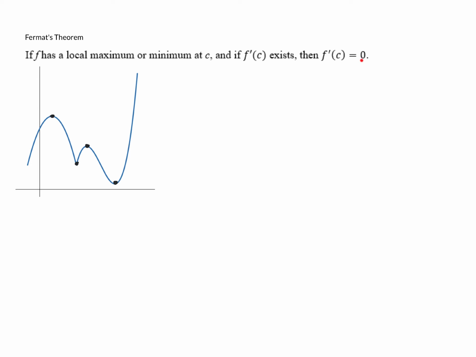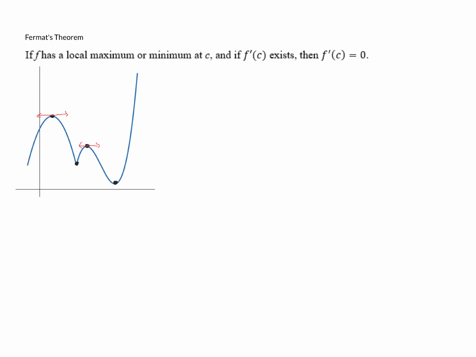Well, remember, when the derivative of a function equals 0, that means the tangent line is horizontal. And if we look at the tangent lines at these local maximum and minimum values, here we've got a horizontal tangent. And then at the next one, it is not differentiable because we have a sharp corner. At the next one, we also have a horizontal tangent line.